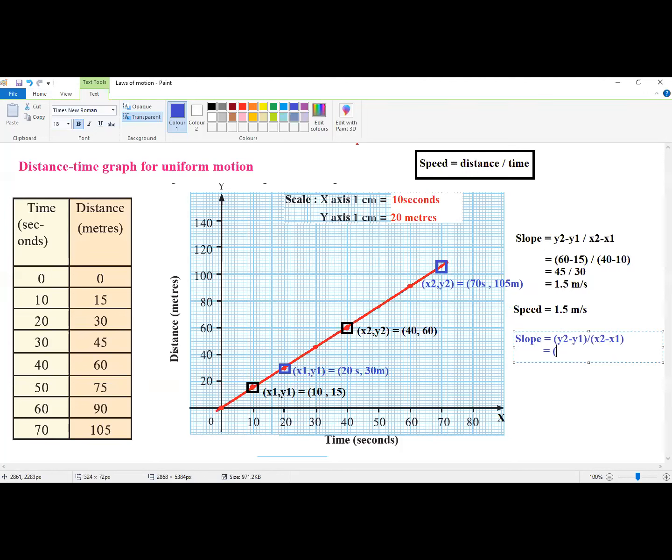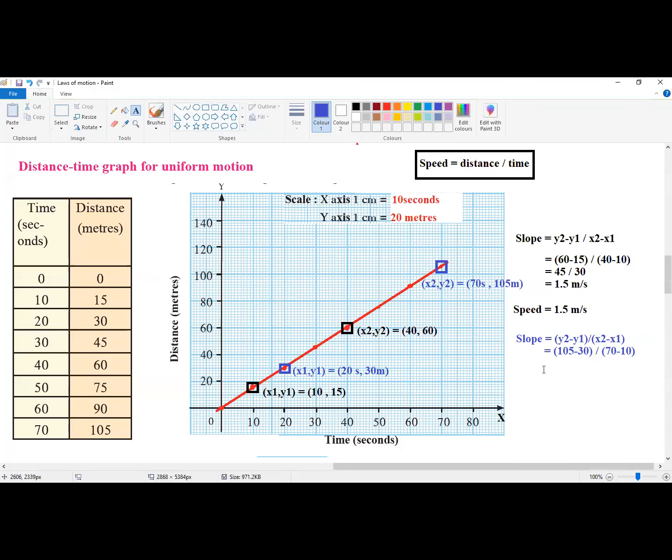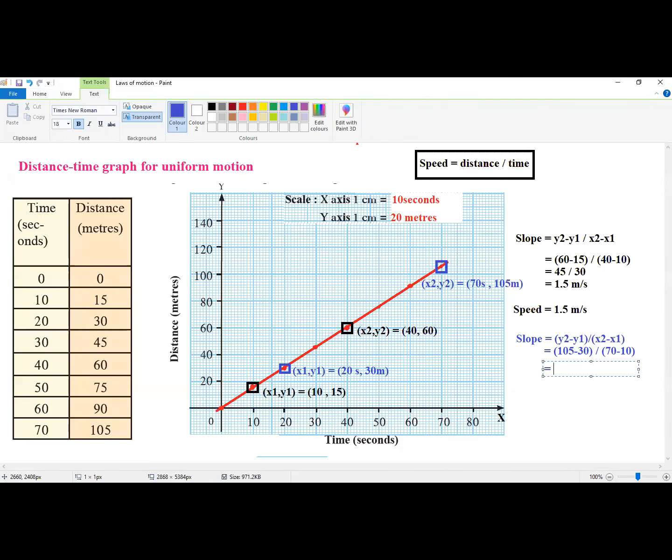So which is further equal to y2, which is 105 meters, minus 30 meters, divided by x2, which is 70 seconds, minus x1, which is 10 seconds. So 105 minus 30, how much is that? 75.